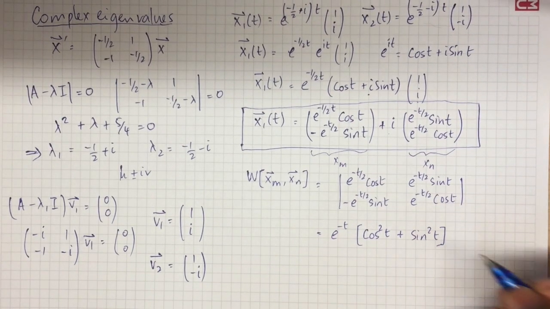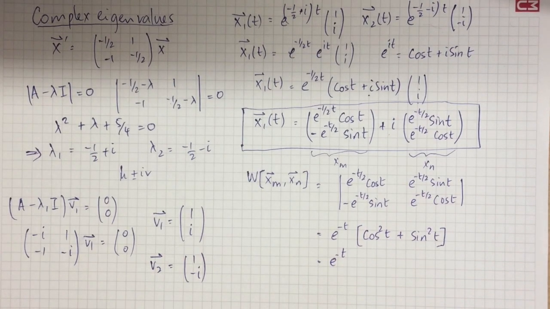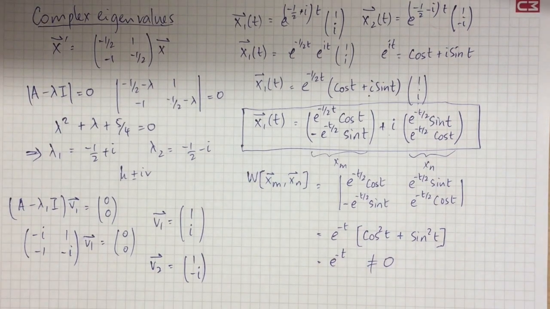We know that cos squared t plus sine squared t is 1, so this is just e to the minus t, which is not equal to 0. Since our Wronskian is not equal to 0, we can say that this is a unique solution.